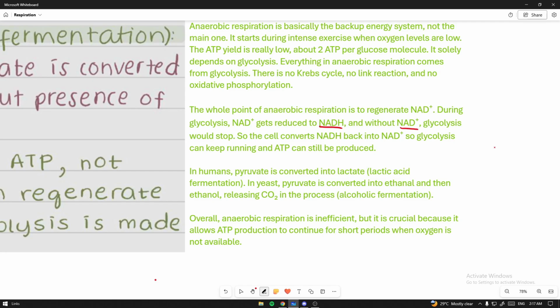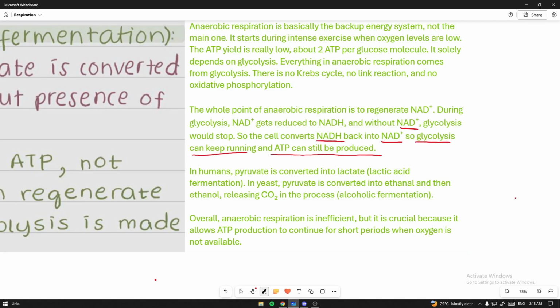So the cell converts NADH back into NAD plus, so glycolysis can keep running and ATP can still be produced. The entire thing is just to get rid of this H from NAD, so it's basically just oxidizing NADH again.